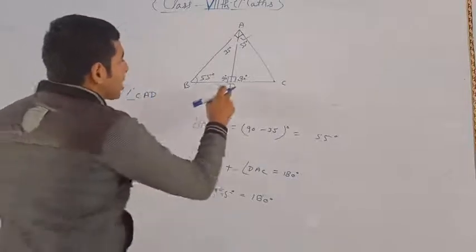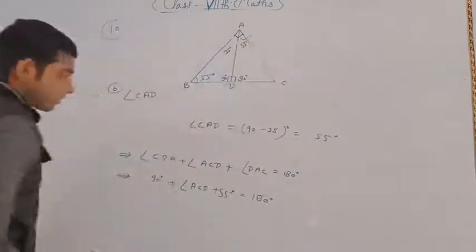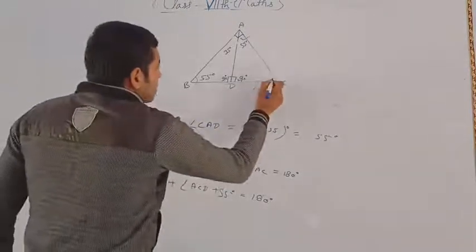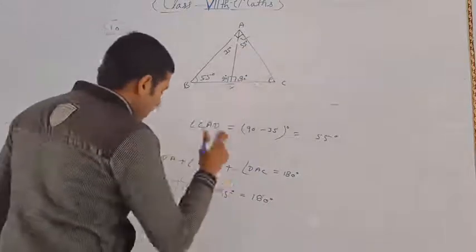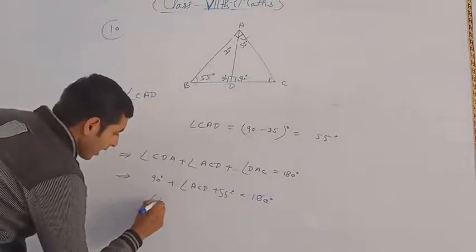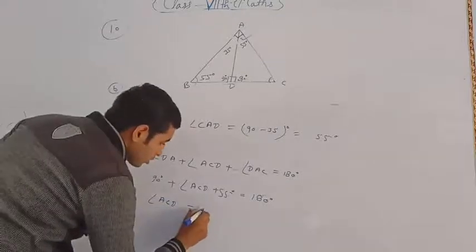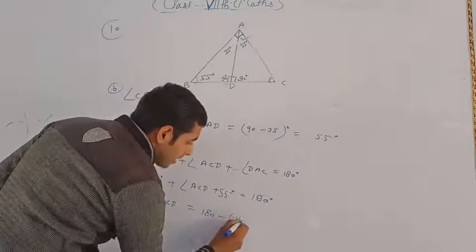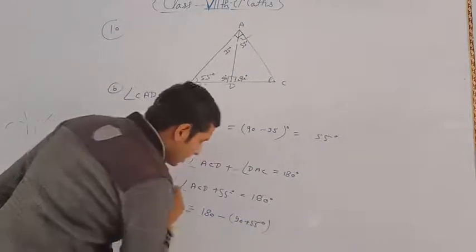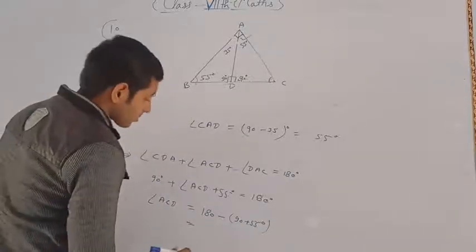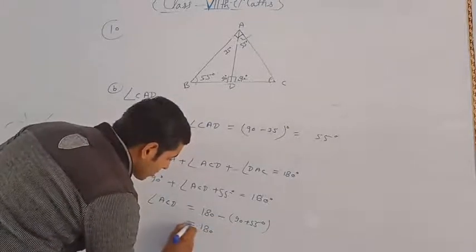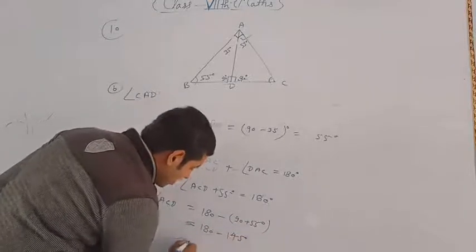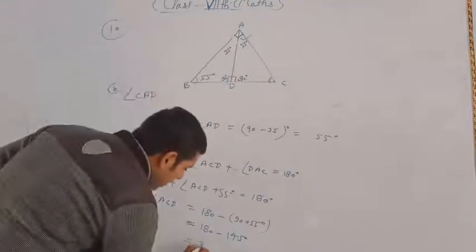Now we have to find angle DCA, or ACB. Angle DCA is equal to angle ACD, which is equal to 180 degrees minus (90 plus 55). 90 degrees plus 55 degrees is 145, so 180 minus 145 degrees is equal to 35 degrees.